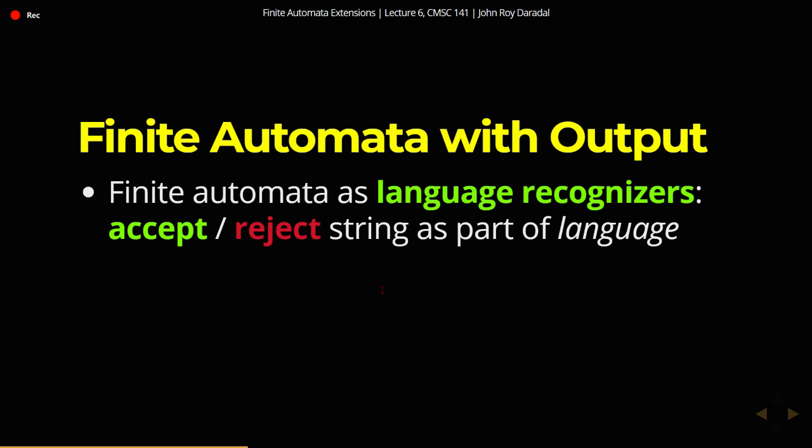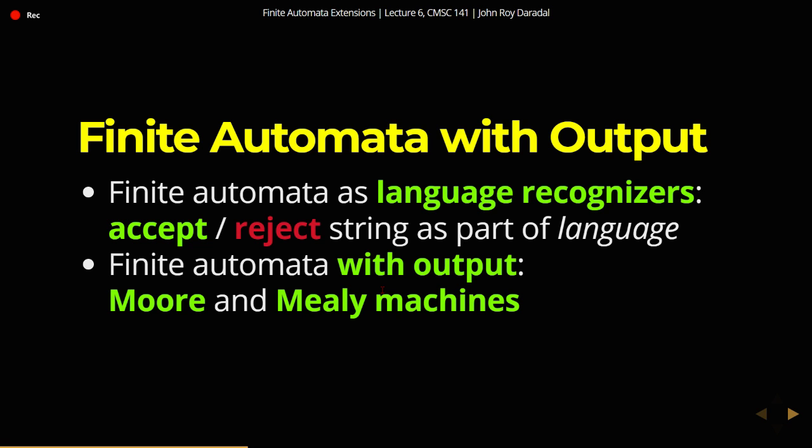So it's a recognizer or a language acceptor. Given a string, it will accept or reject the string depending on whether it's part of the language or not. That's what we've been using finite automata for so far. Now, for finite automata with outputs, we are no longer concerned with accepting or rejecting strings, but instead, we will focus on what is the output associated with the input string.